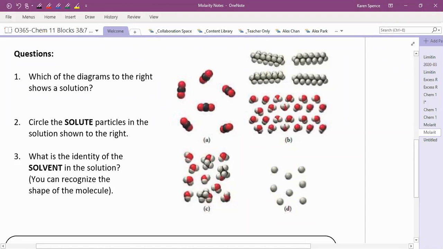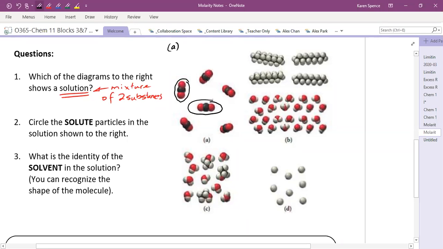So the first thing we want to think about is that in order to be a solution, you have to have a mixture of two substances. Okay, so for A, every single particle is the same as every other particle.